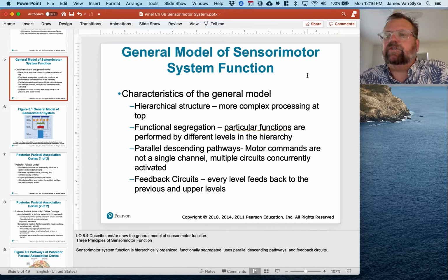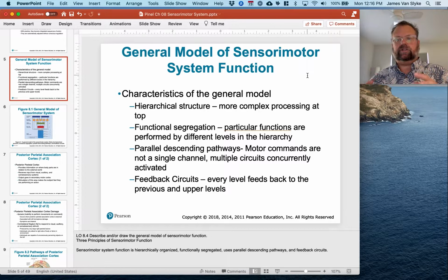It has functional segregation, so different parts of your brain and body will perform different sorts of functions. Your muscles are doing one thing, your nerves are doing something else, your neurons are doing something else, and then whole areas of your brain are doing a different kind of function. All those almost sub-functions contribute to what it is that you are doing with your body. Those systems work in parallel as well.